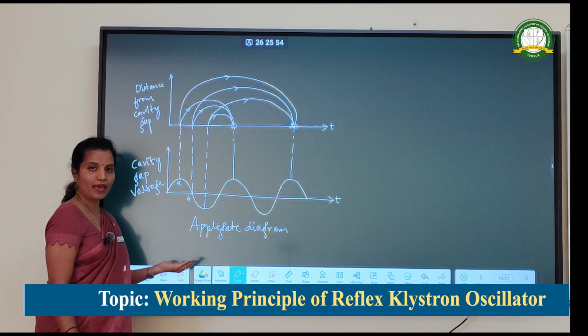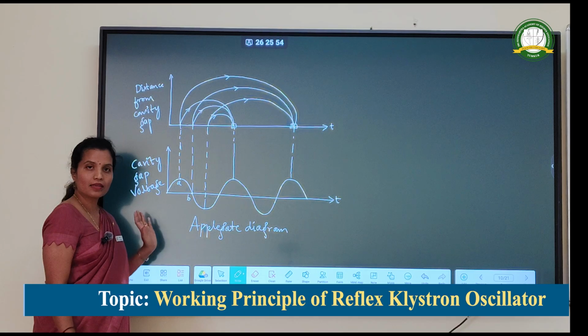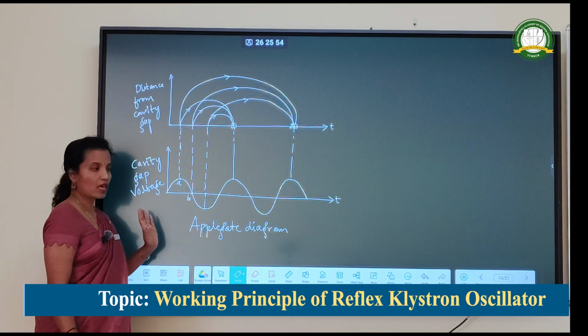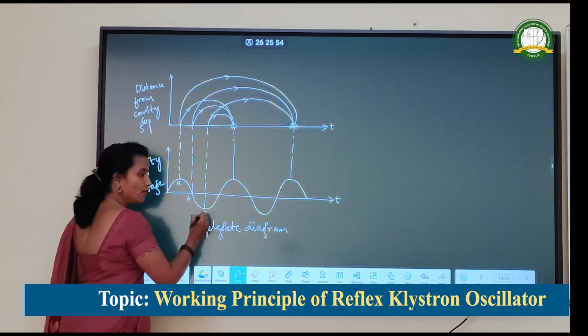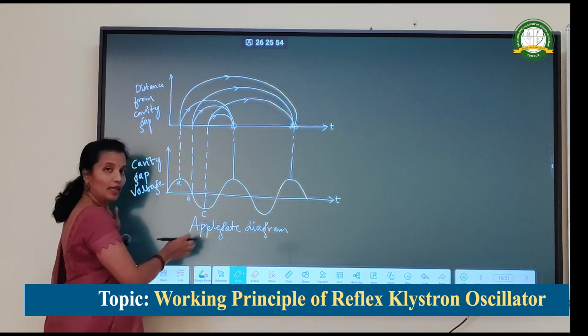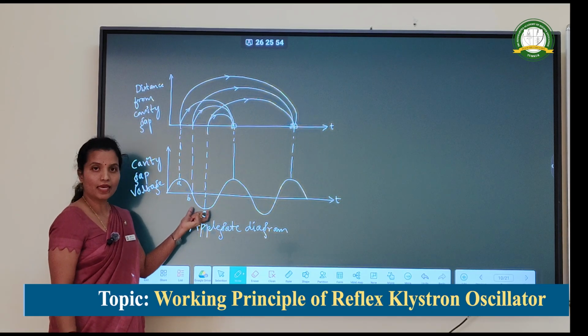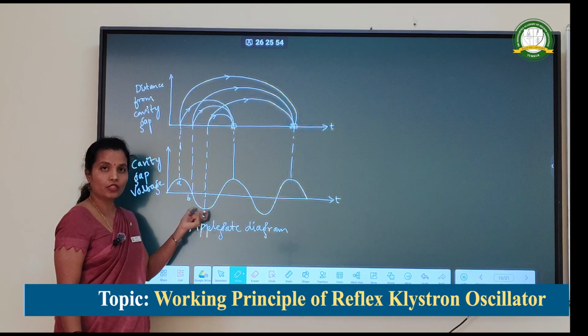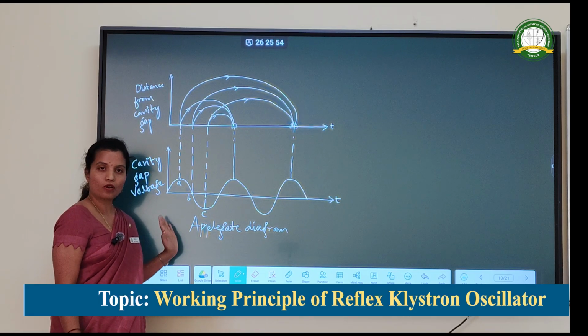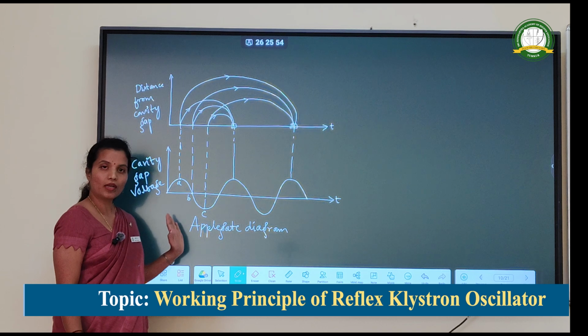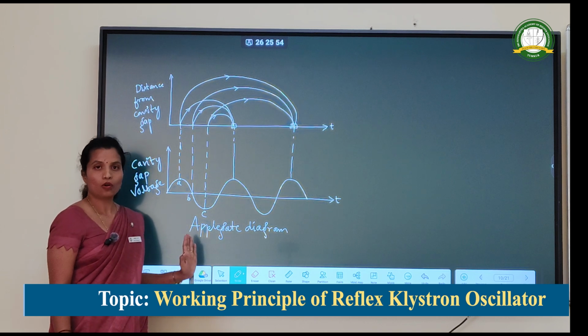They will not be accelerated or decelerated, and will move at the same speed. The electrons encountering the negative half cycle, that is the negative voltage, will get decelerated, and thus move with a lower speed.